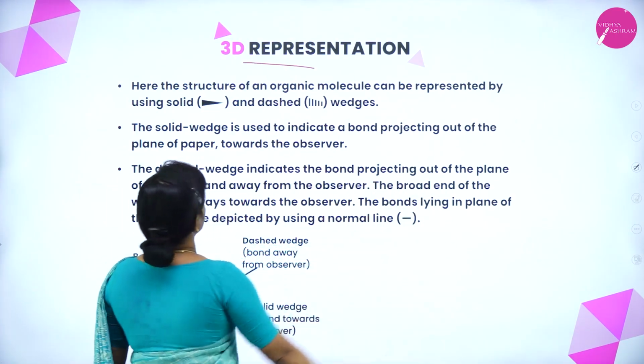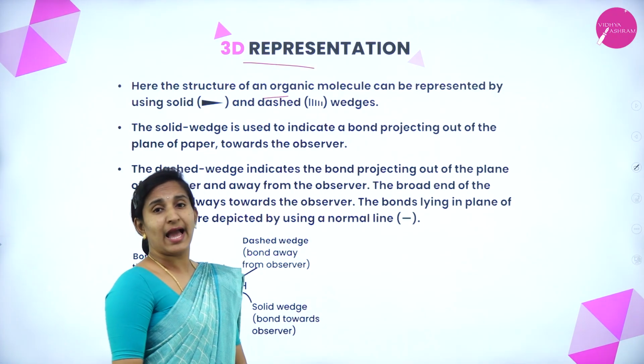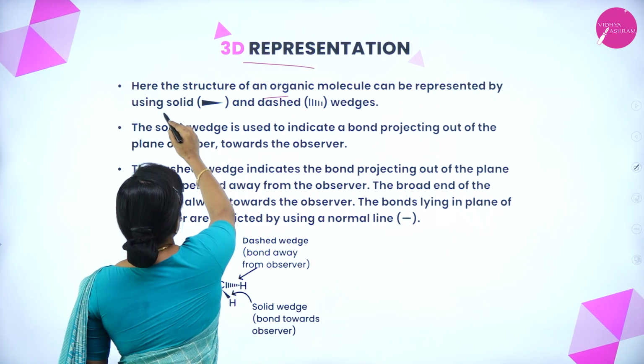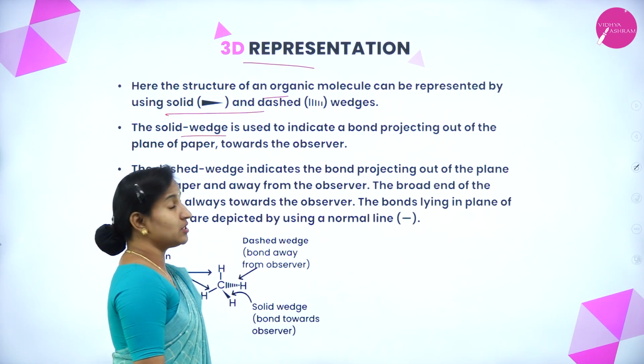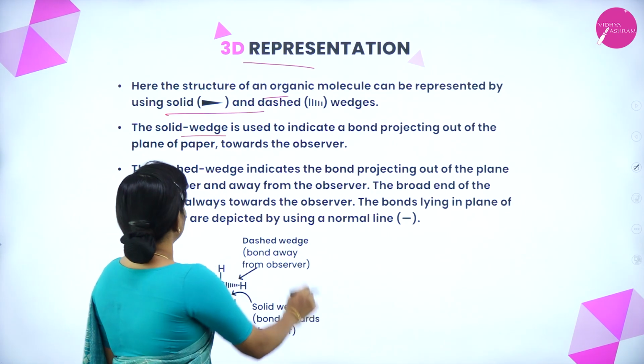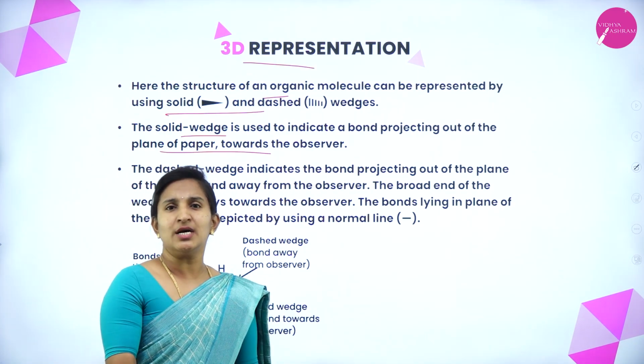3D representation. Here the structure of an organic molecule can be represented by solid and dashed wedges. The solid wedge indicates the bond projecting out of the plane of the paper towards the observer.